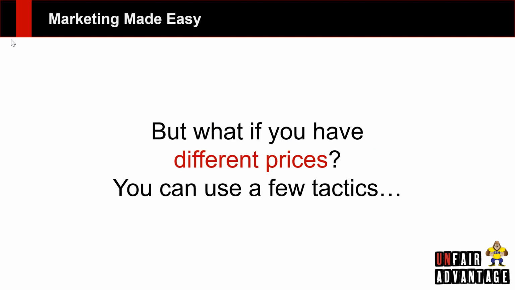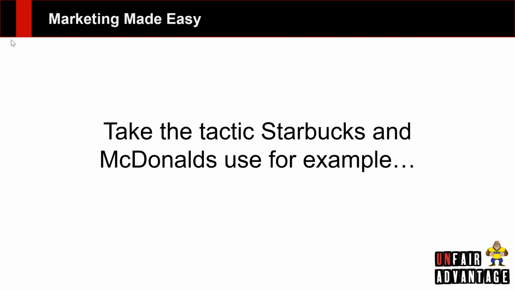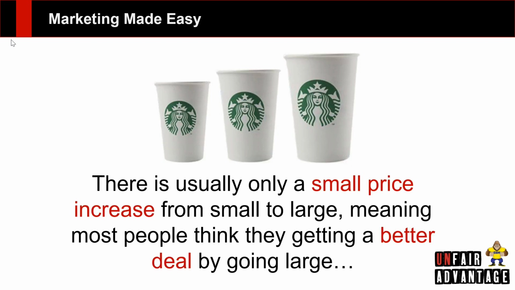But what happens if you have different prices or different services, different levels? Well, these are the tactics that we can use to our advantage. If we take Starbucks and McDonald's, any kind of fast food range, they will use this tactic. They just have a small price increase between the small and the large. So small, medium, large, there could be 10, 20 pence difference between them.